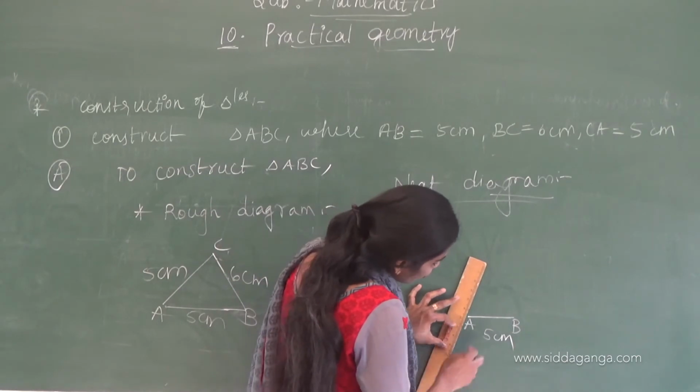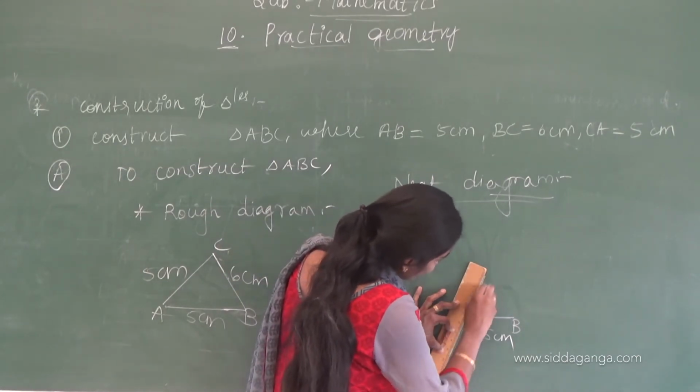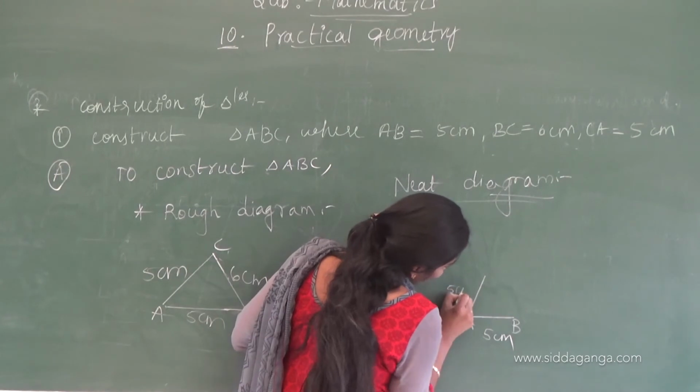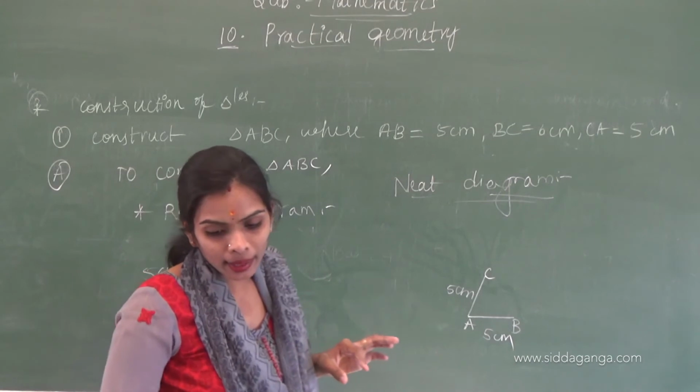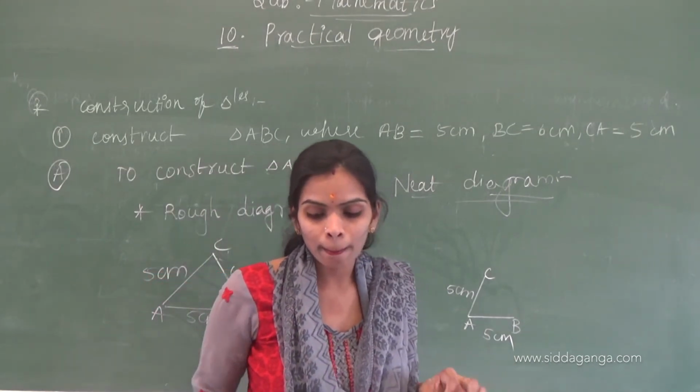Just from A I am drawing 5 centimeters and naming it as AC.